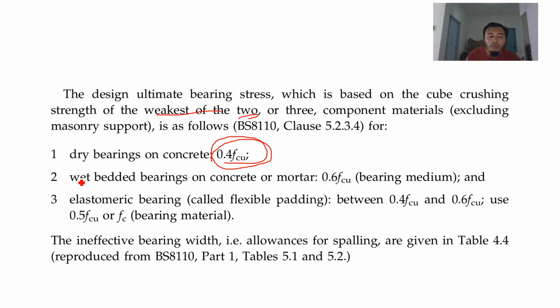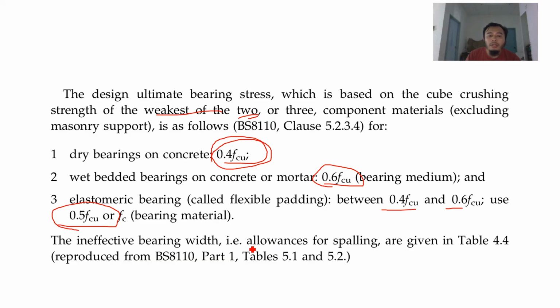If you are designing for wet bedded bearings on concrete or mortar, it's 60% of your compressive strength. And if you have elastomeric bearings, between 0.4 and 0.6, it is suggested to use 0.5, 50% of your compressive strength.